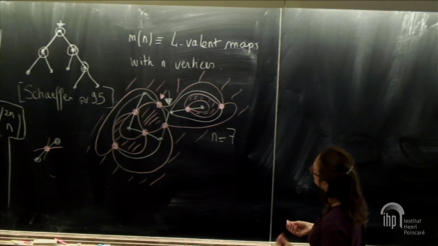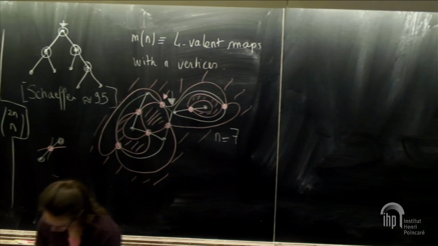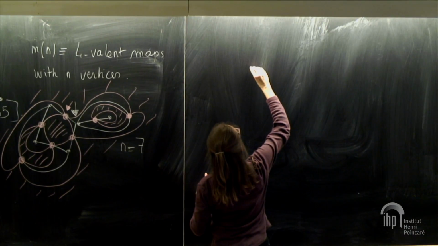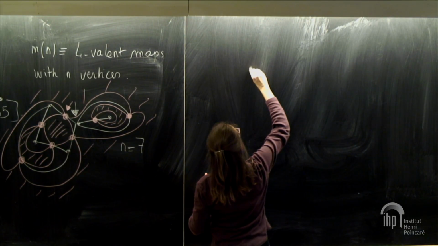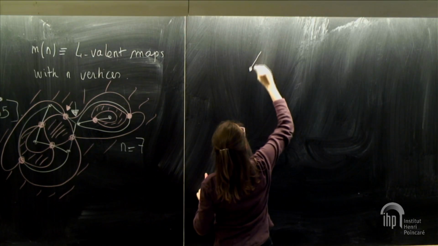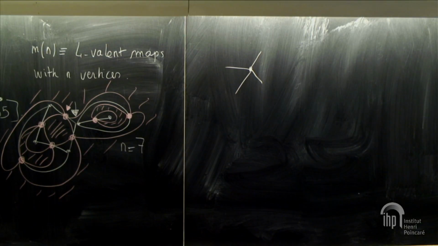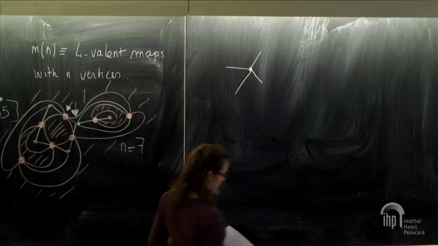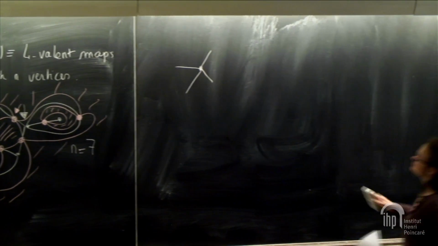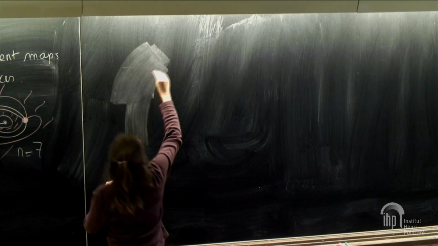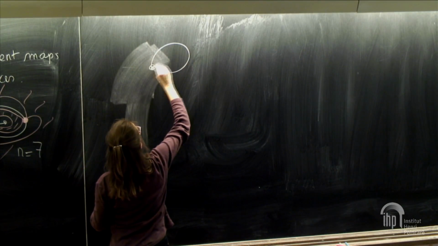Okay, so now I'll start from a 4-valent map. So maybe I should stick to my example. Oh, no, I won't. So how does a 4-valent map look like? Well, like this. What should I take? No, maybe I should stick to my example. So what did I want here? I insisted that I wanted a loop.